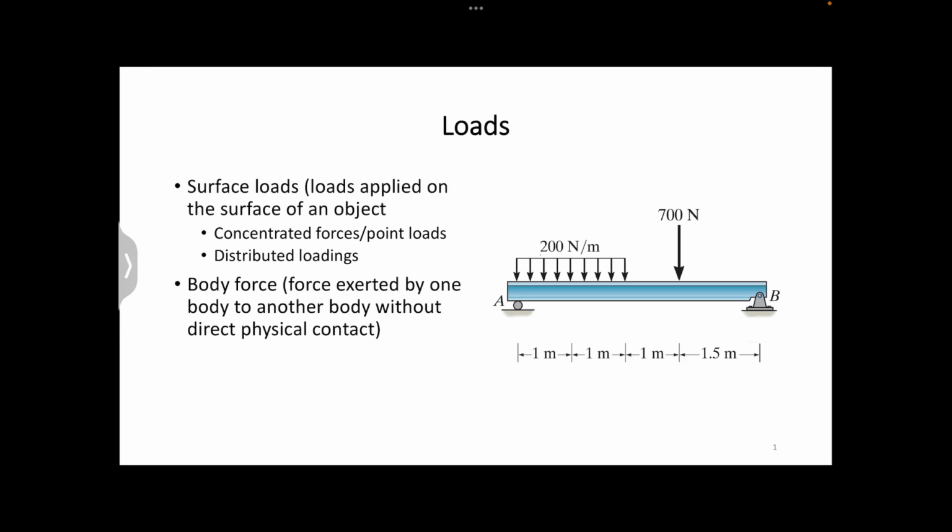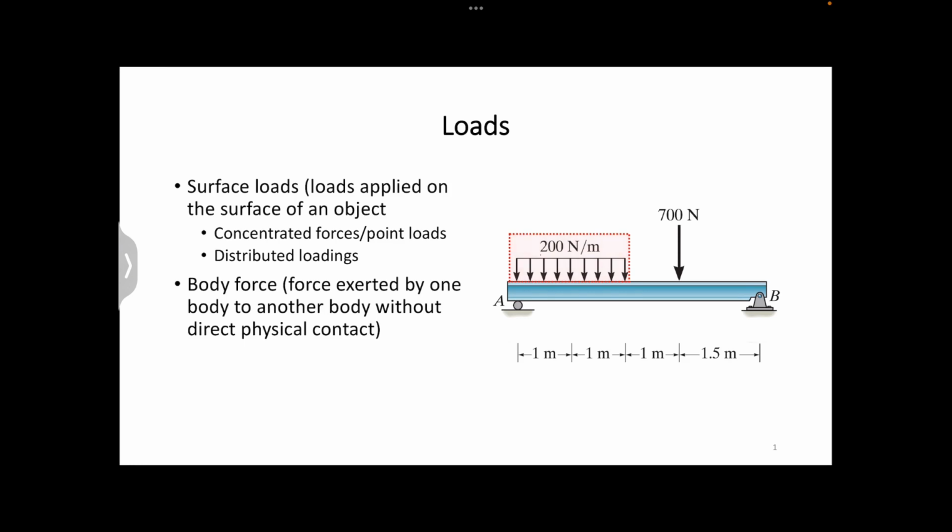As the name implies, surface loads are loads applied on the surface of an object. Based on the area or the extent of such surface, these loads can be further categorized into either concentrated loads, like this one, or distributed loads, which are spread over an area. As to the body force, it is exerted by one body on another without direct physical contact.